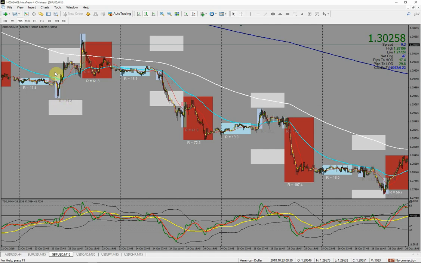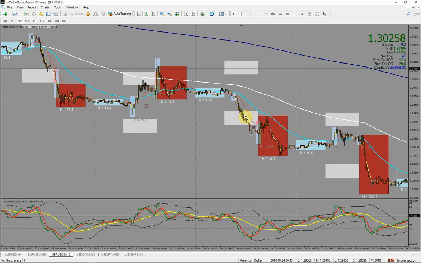I didn't draw this. The template does this. You will see London Open, and then later in the New York session, New York Open in the afternoon, between half past 2 and 4 o'clock. So this is what it does.